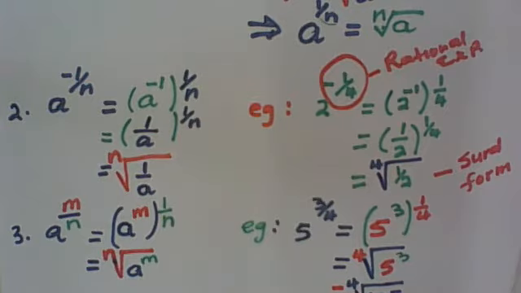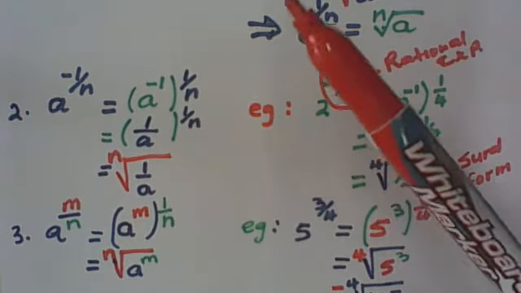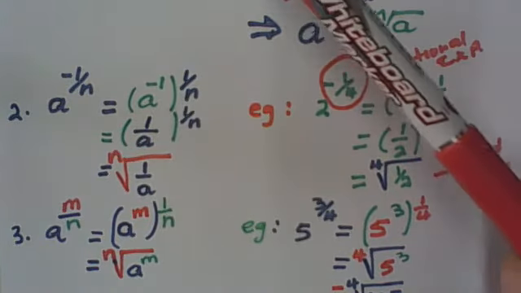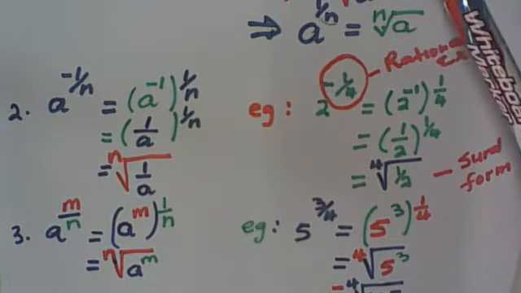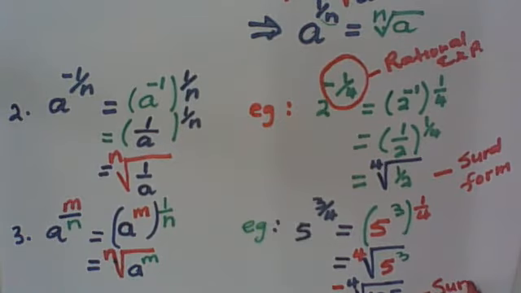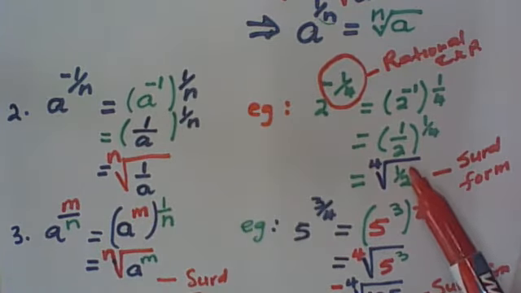So we are done now with how to convert from a rational exponent to surds. This is in surd form. And this is also in surd form. That is also in surd form.